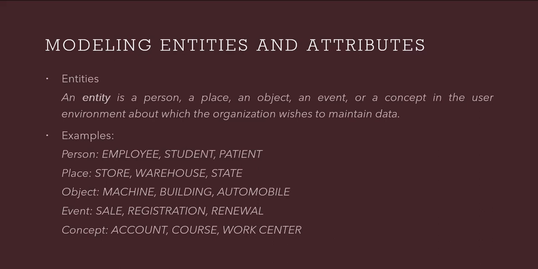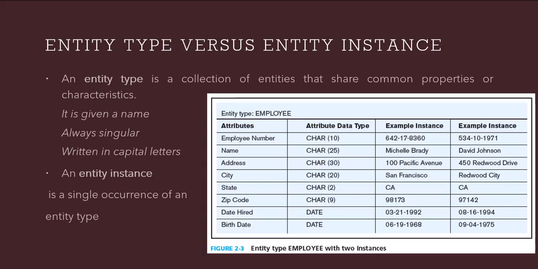A place can be any place like a store, warehouse, a state. An object can be a machine, building, automobile. An event can be a sale, registration, renewal. And a concept is an account, course, work center, etc. So all these are the entity types.